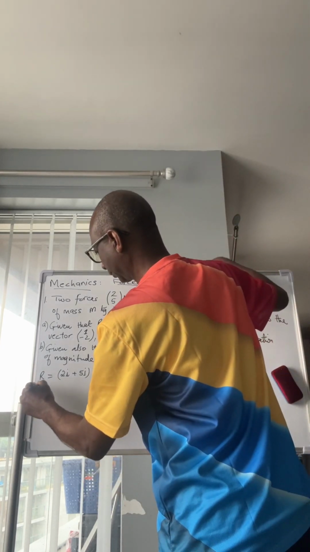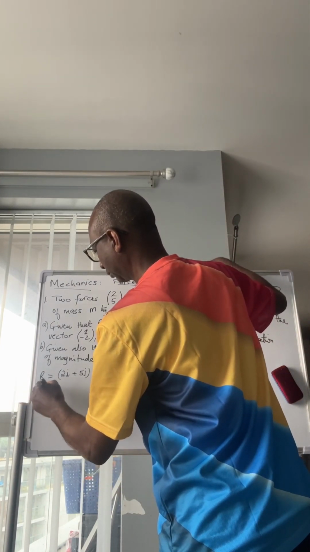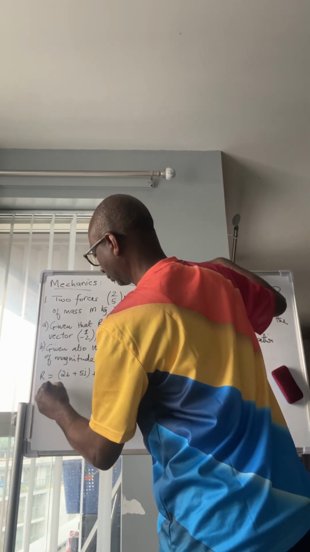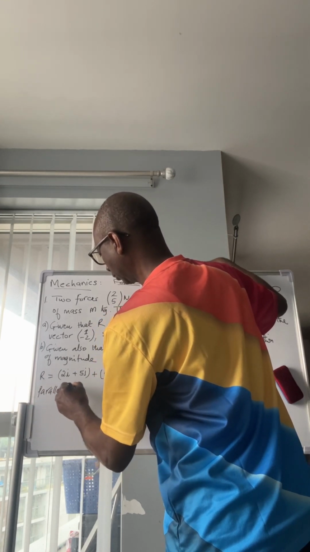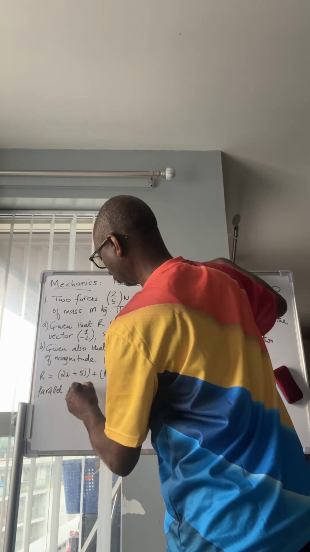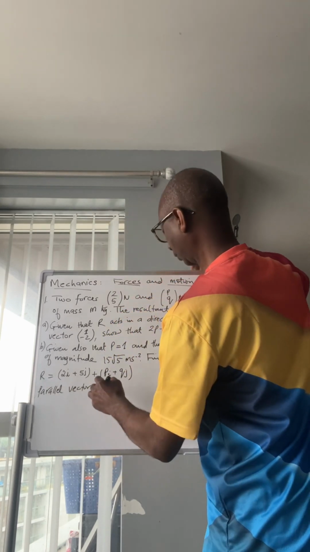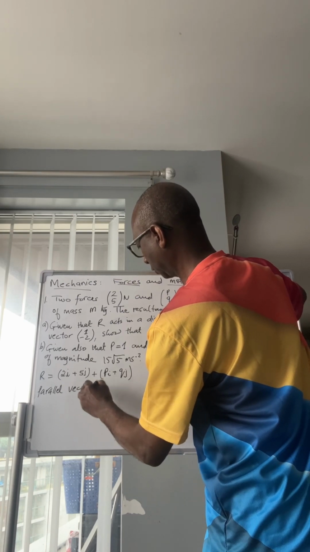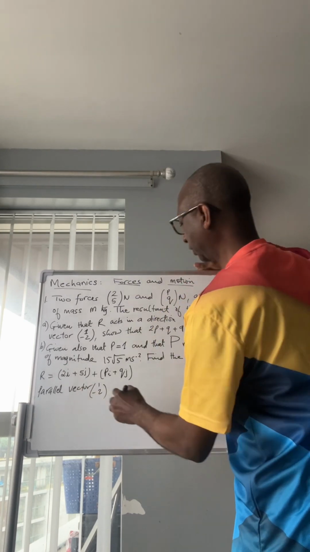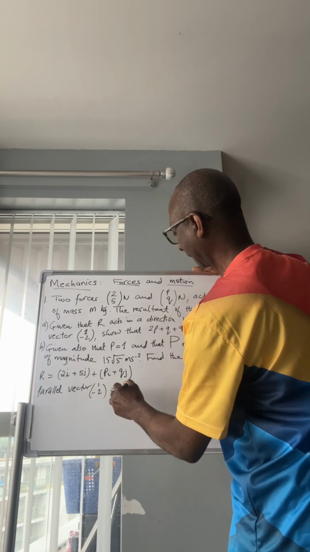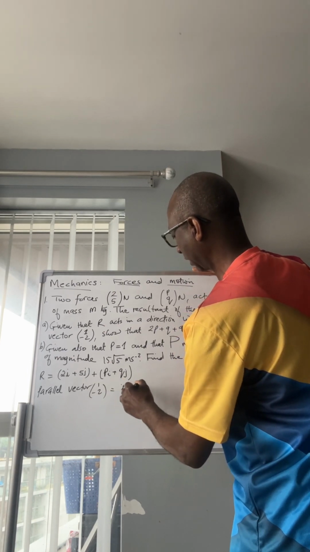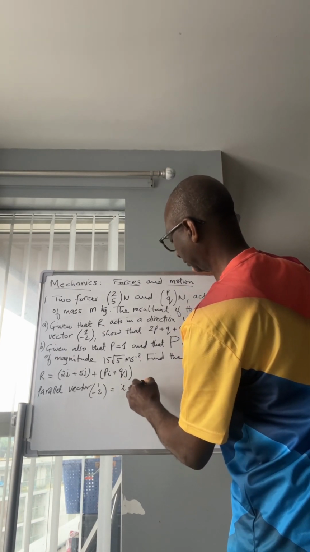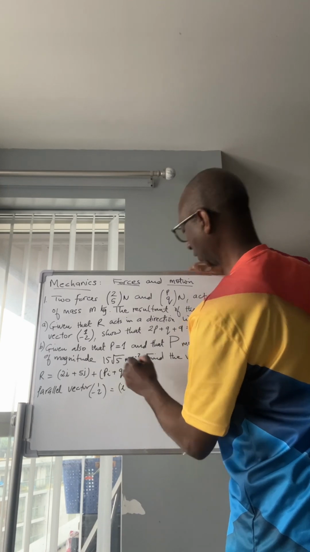Parallel vector, which is 1 minus 2, which can also be written as i minus 2j newtons.